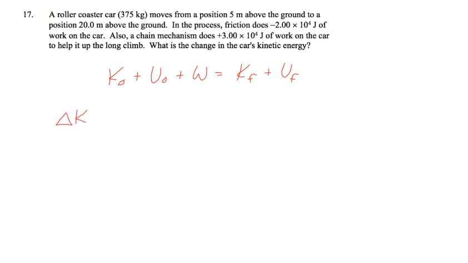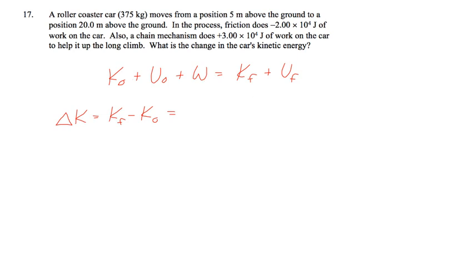Remember, delta is the symbol for change. I know that the change in kinetic energy is going to be Kf minus Ko. So what I'm going to do with this equation is rearrange it to get Kf minus Ko. If I move the Ko over to the other side, it'll be minus Ko. And if I move the UF over to this side, if it's positive on this side, it'll be negative on that side.